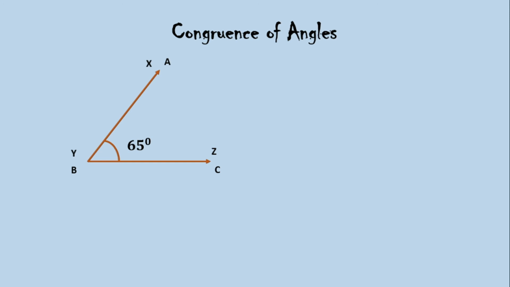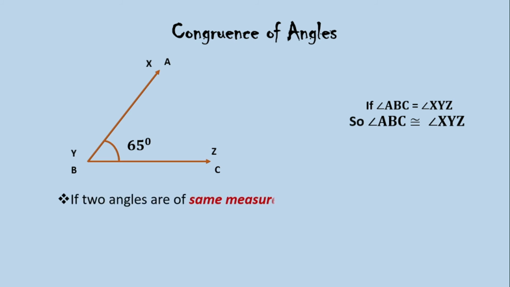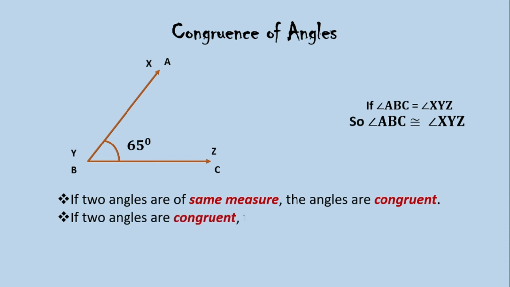If XYZ covers ABC completely, we say that angles ABC and XYZ are congruent. Therefore, if angle ABC is equal to angle XYZ, we can say that angle ABC is congruent to angle XYZ. So, from the above discussion, we conclude that if two angles are of the same measure, the angles are congruent. And if two angles are congruent, they are of the same measure.